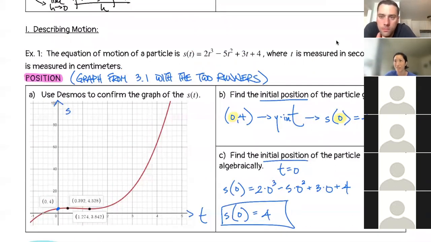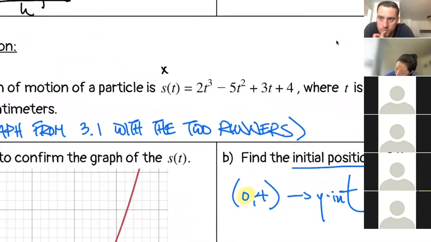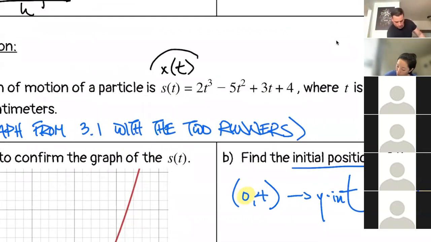S seems like it should be for speed because that's the first letter. V for velocity, A for acceleration. For position, we typically use S of t, or another common letter is X of t. So S of t and X of t both refer to position.